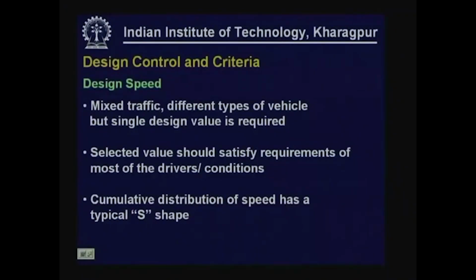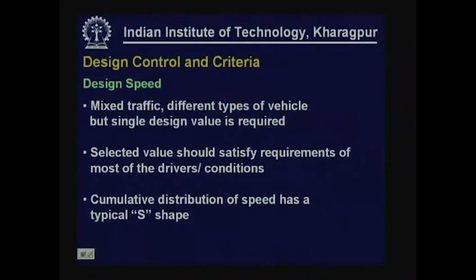So, a single value is to be selected, and in most cases it is selected on the basis that the selected value should satisfy the requirements of most of the drivers and conditions. Maybe it may not be adequate for some extreme conditions, but the design values taken should satisfy the requirements of most of the drivers and operating conditions.